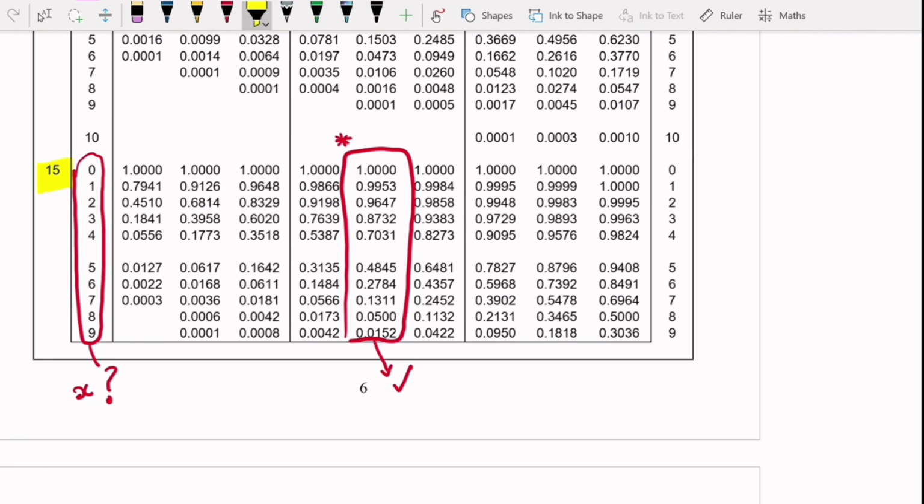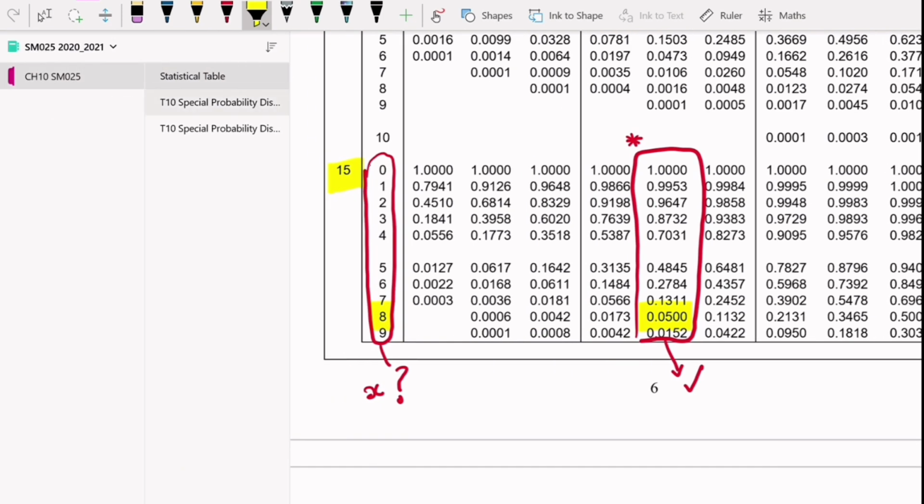So 0.05 is here. What is the corresponding x? We will look at the row that gives 0.05. From here, when x is greater than or equal to 8, the probability is 0.05.